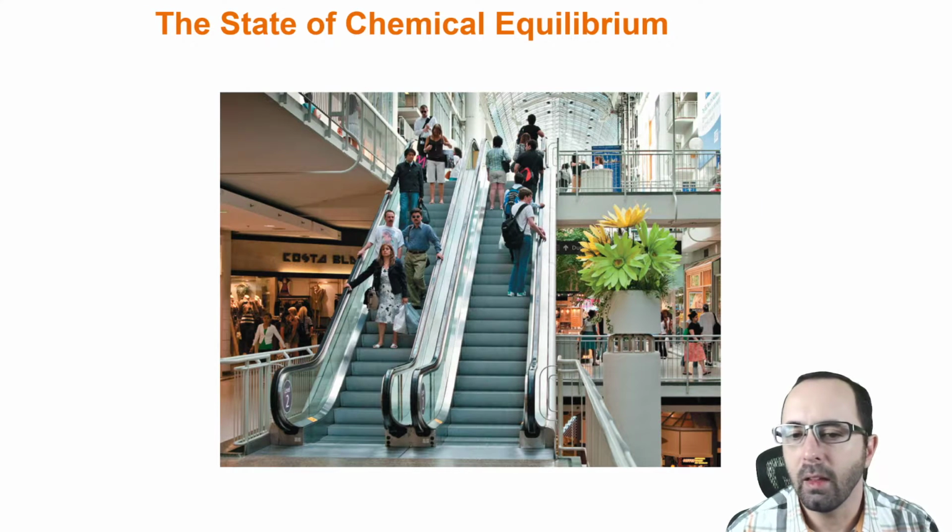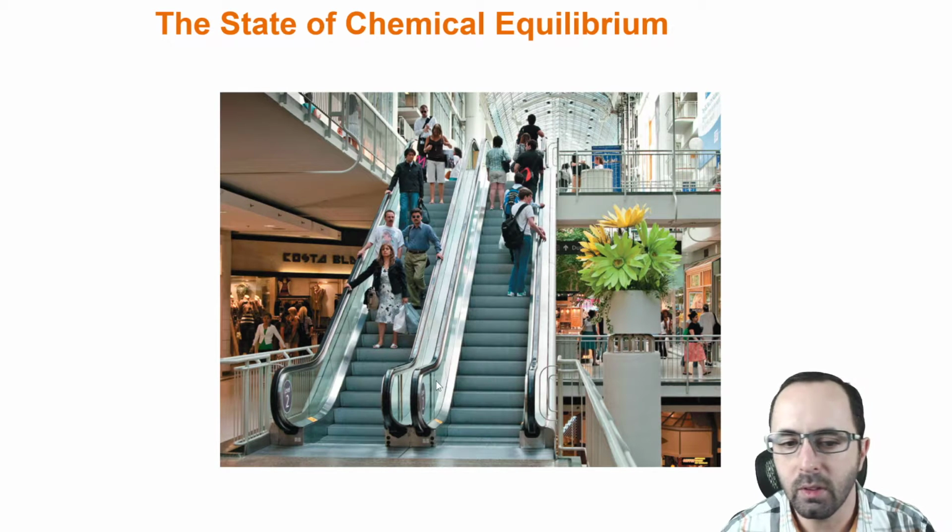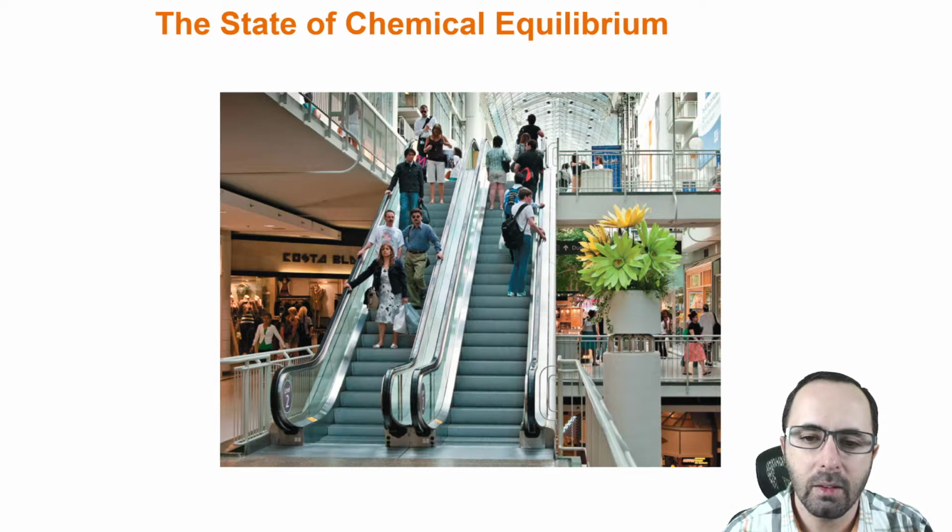So another analogy other than that water spout analogy is like two floors in a mall, assuming that everyone's kind of flowing through the mall. You can expect that approximately the number of people on one floor versus the other floor will stay approximately unchanged.